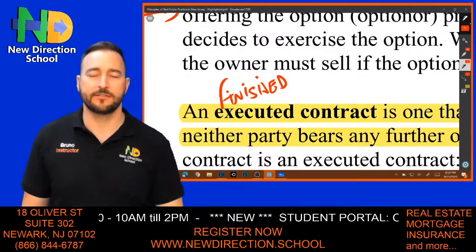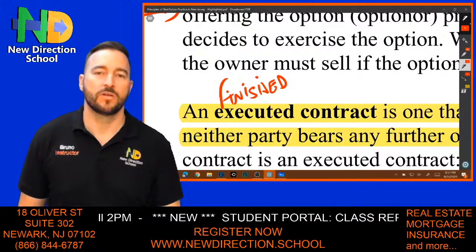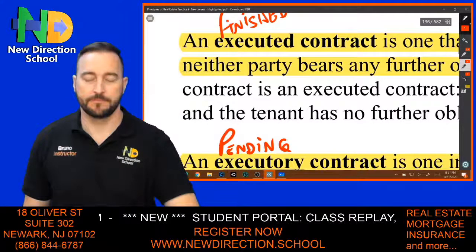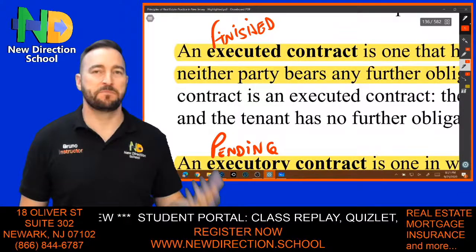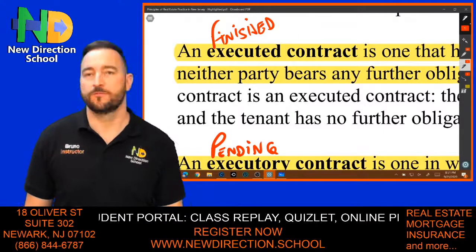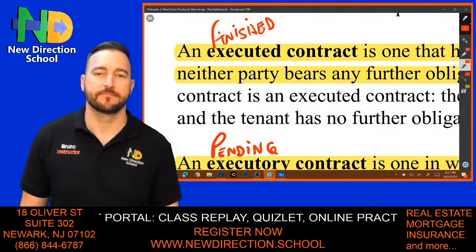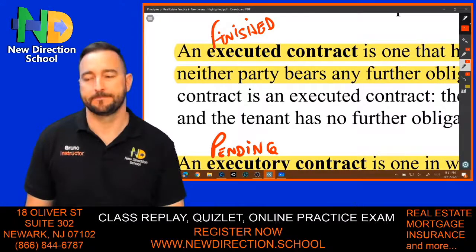It's all done. Yep, Laura. That's it. All right. So very simple. Executory, something is pending, so we still did not close. Executed, we finished, completed, done. Okay? It's as simple as that.